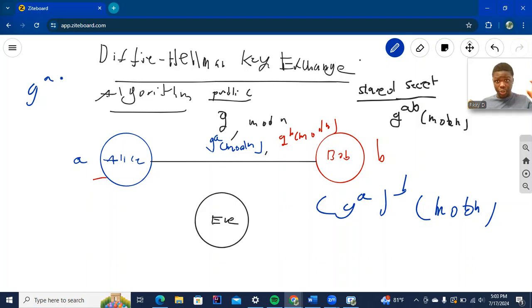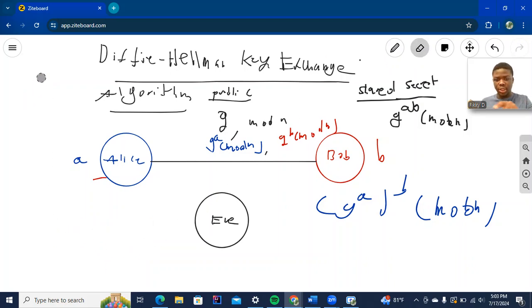We can still calculate G to the AB mod n by reducing G to the A. For example, if you have G to the AB, you can take G to the A and raise that to the B. And if you want to find mod n, you could reduce G to the A mod n and then use that reduced version to the B to find G to the AB mod n. So you don't need the unreduced version. You can just keep the reduced version.